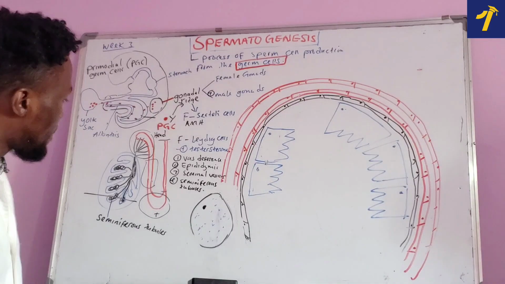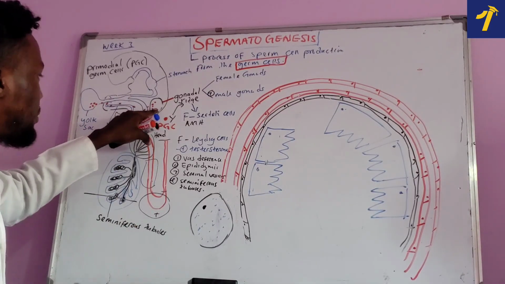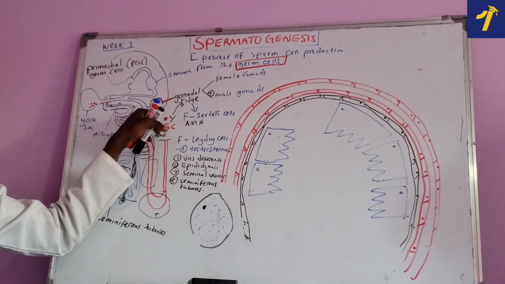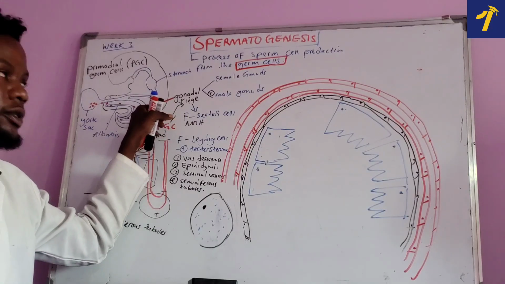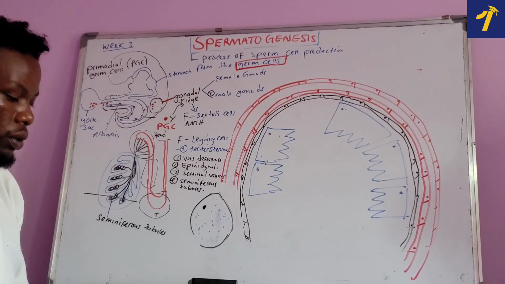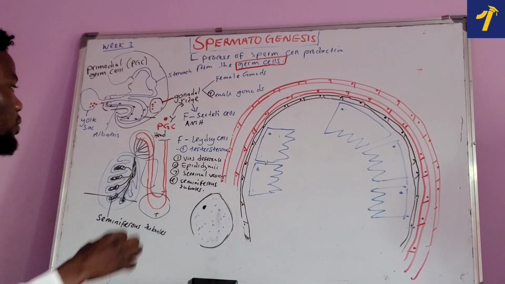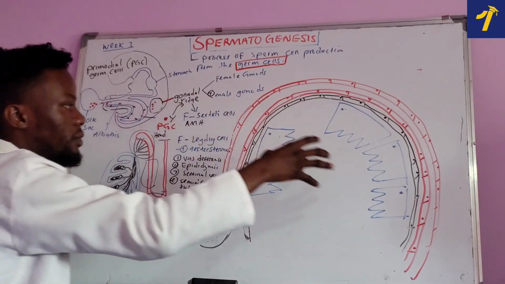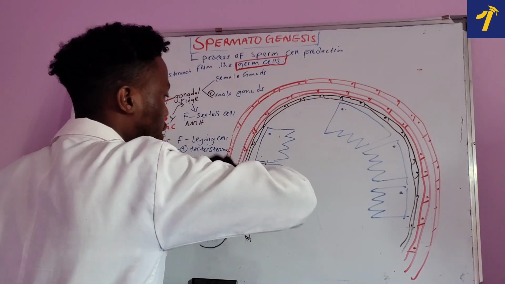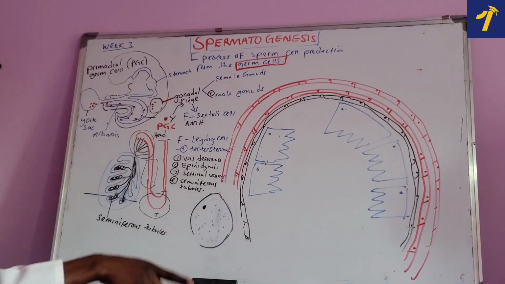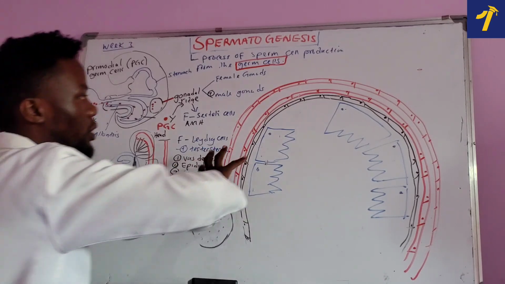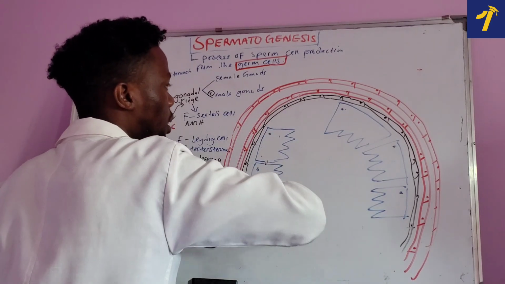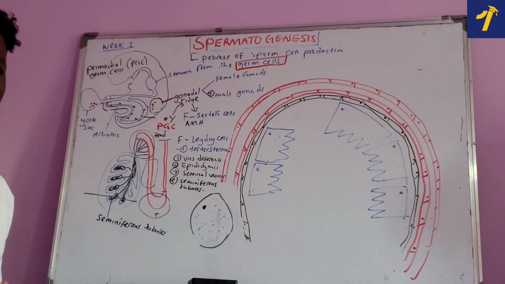Here we talked about the migration of the primordial germ cells. The primordial germ cells are going to find themselves in the seminiferous tubules.